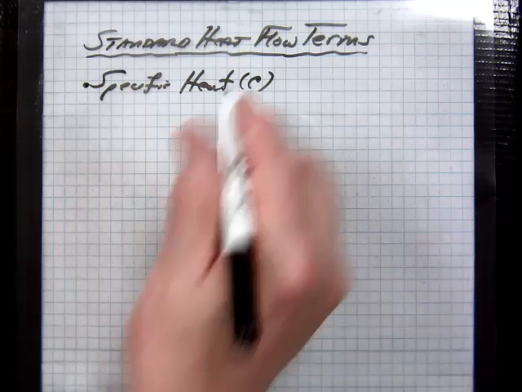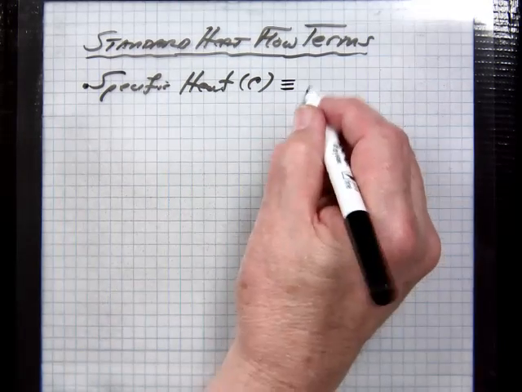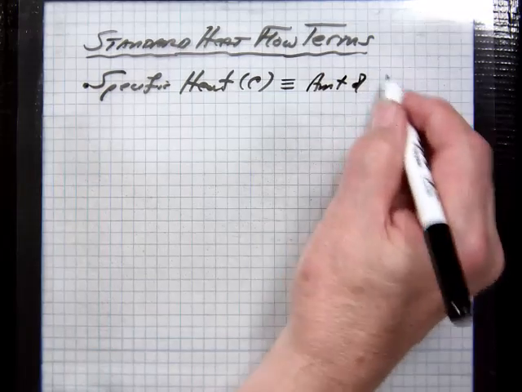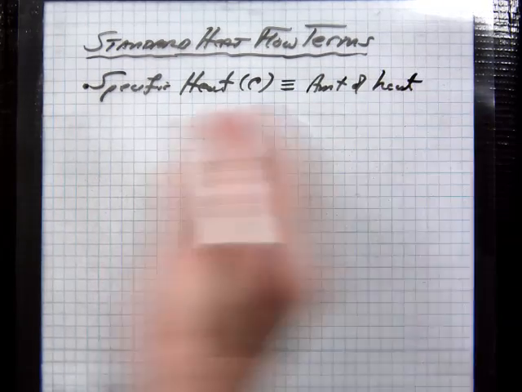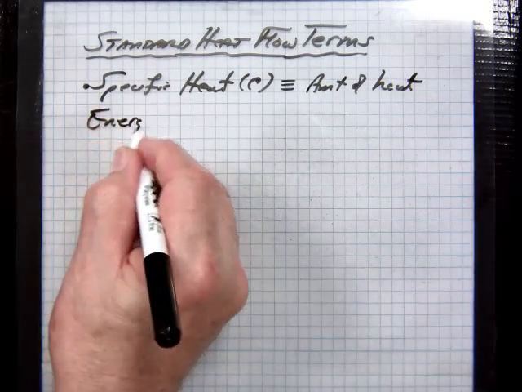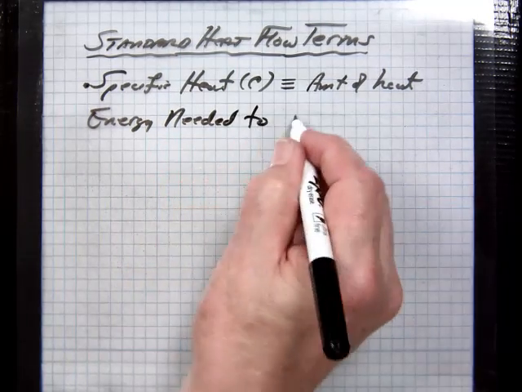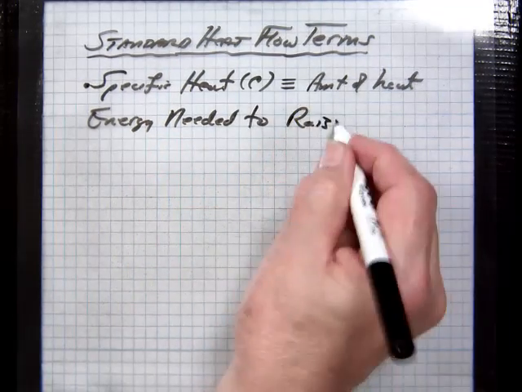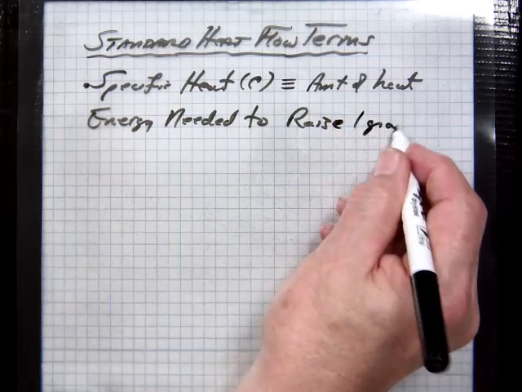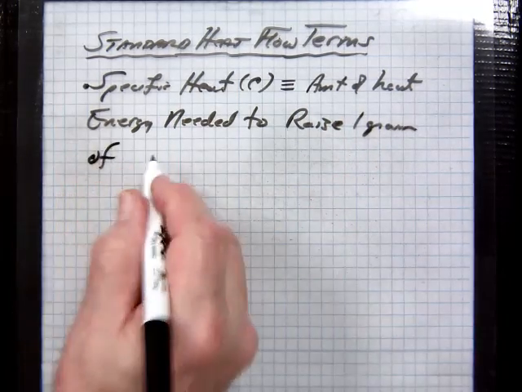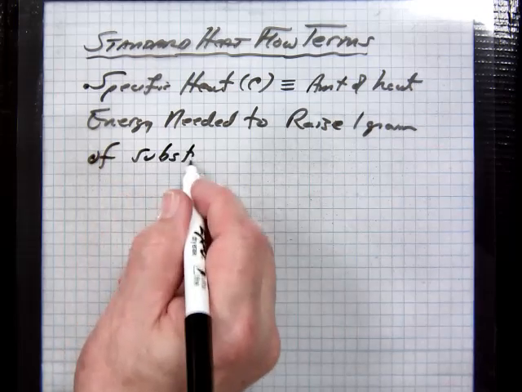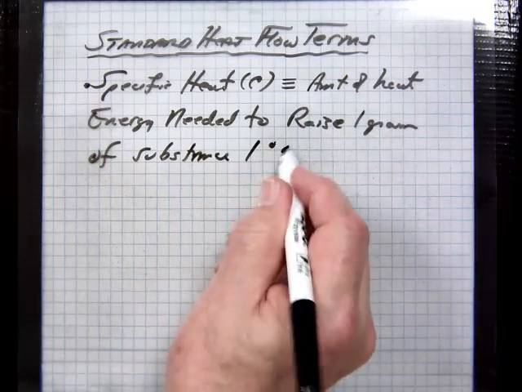So when we talk about specific heat, this is the amount of heat energy needed to raise 1 gram of substance 1 degree Celsius.